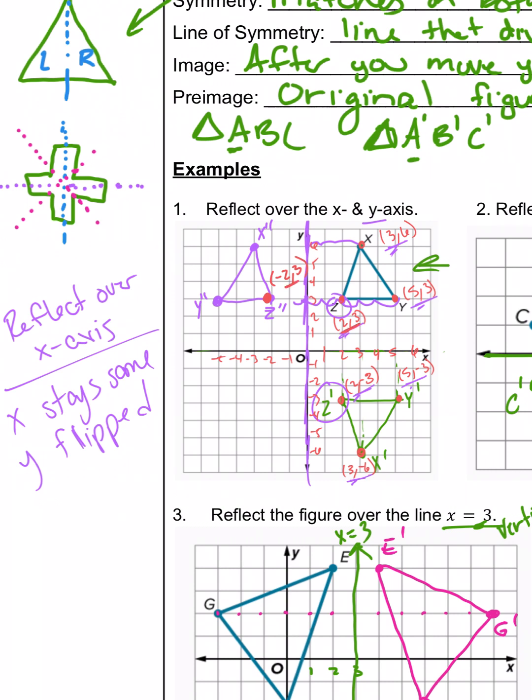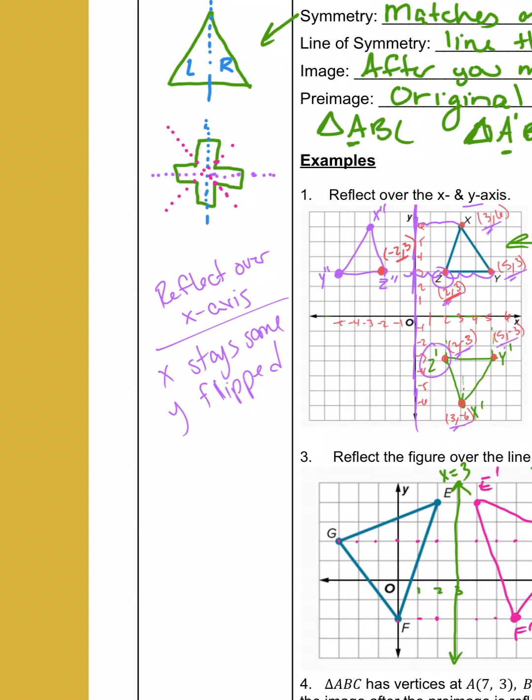So this time the y stayed the same and the x changed. So when we reflect over the y-axis, the y stays the same and the x flipped.